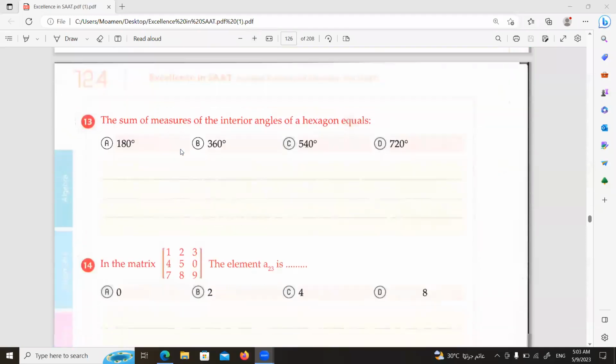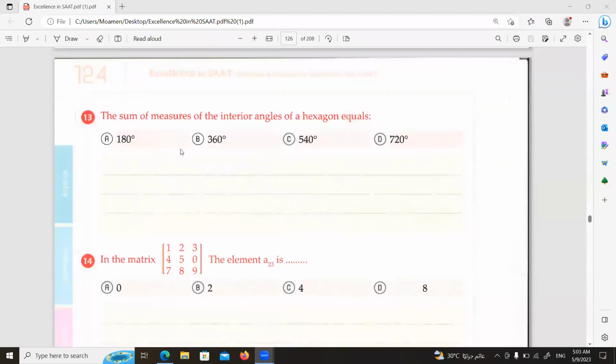We're going to number 13. The sum of the measures of the interior angles of the hexagon is directly 720. You must know the rule for the interior angles: if we don't know n, it is (n minus 2) multiplied by 180.